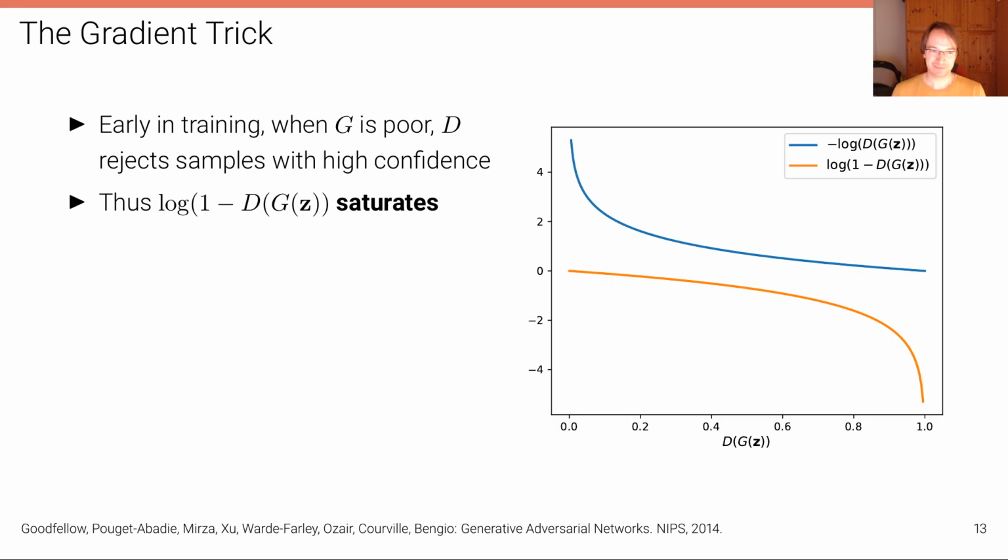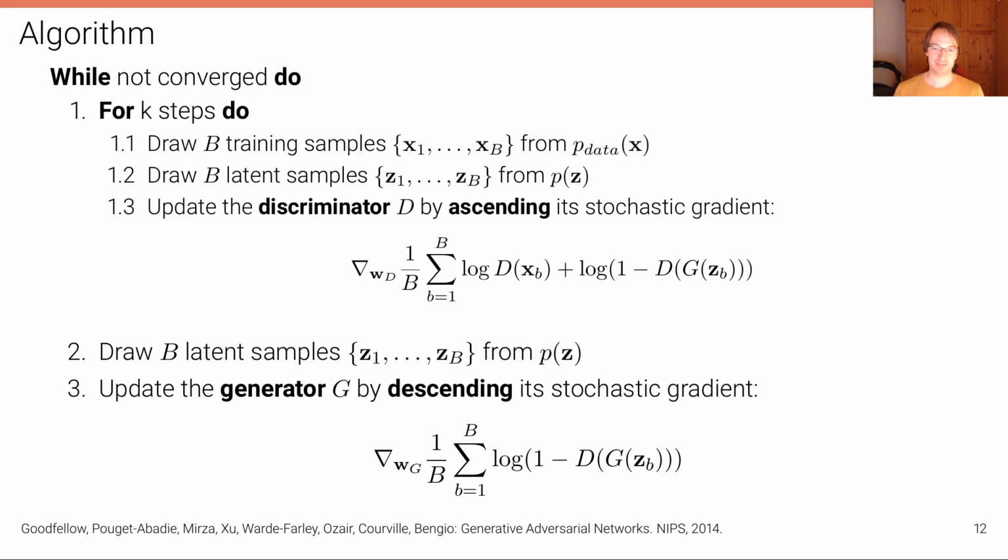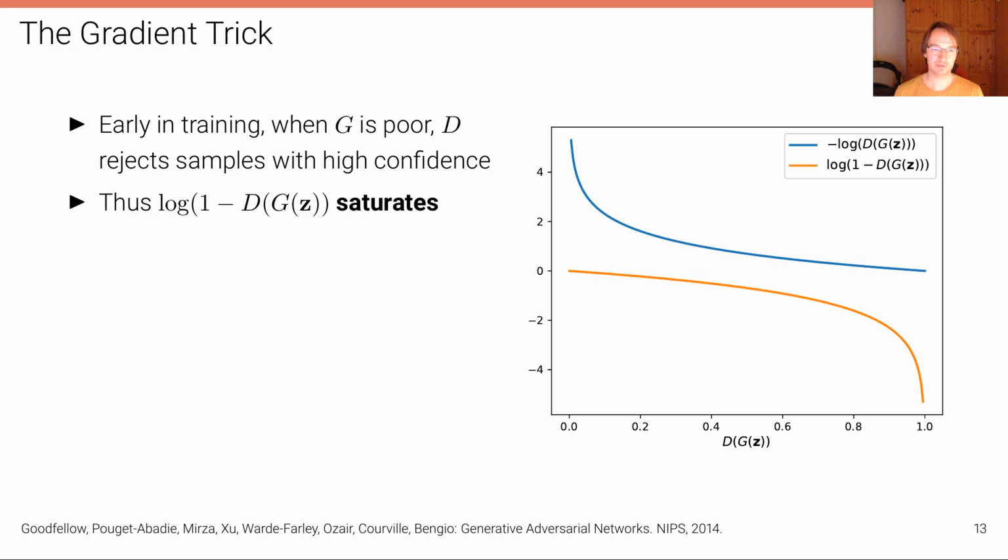The gradient trick. One thing you will figure out pretty soon if you implement this algorithm is that early during training, when the generator is typically poor because it's randomly initialized, D has an easy time rejecting samples with high confidence. What that means is that D often leads to values close to 0.